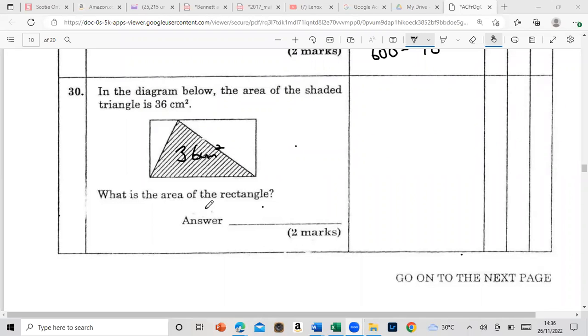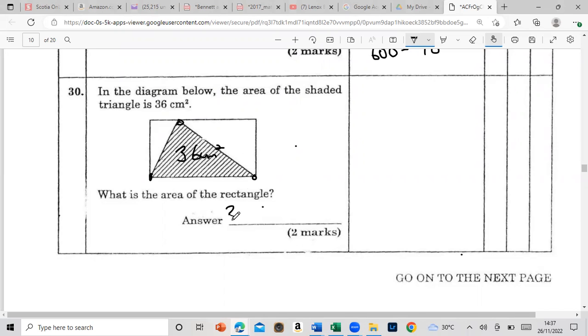Alright guys, so guess what? If the three vertices of the triangle touch on the rectangle, it means that whatever the triangle is, it will be half the area of the rectangle.